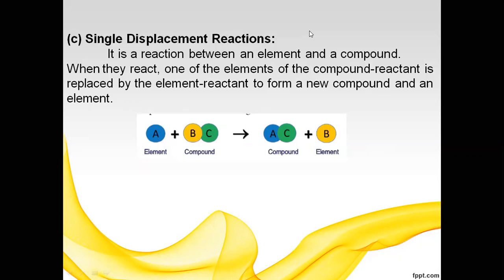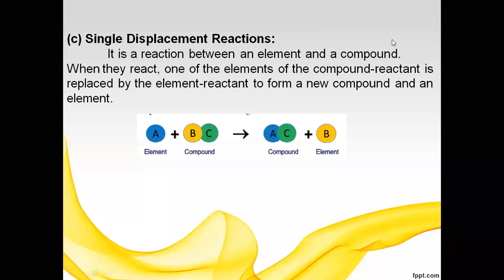So this is a single displacement reaction. The single displacement reaction is one element and a compound. That is, element and compound. These are the reactants. They react to form a compound product and an element product. That is, the ions are replaced.